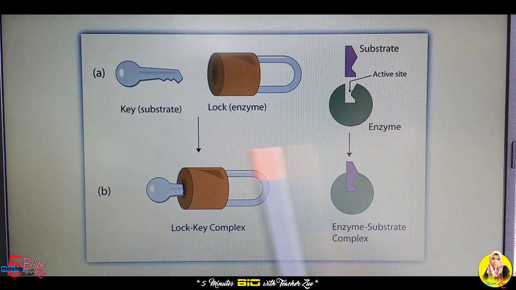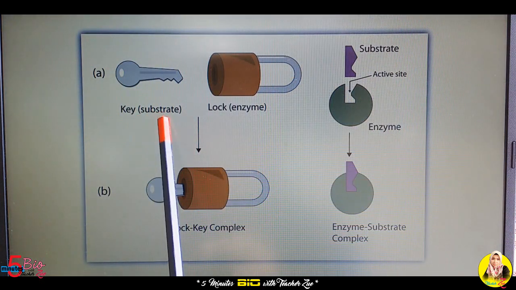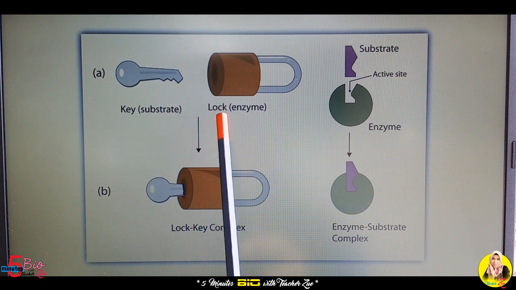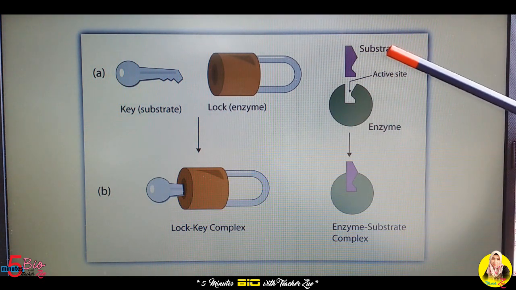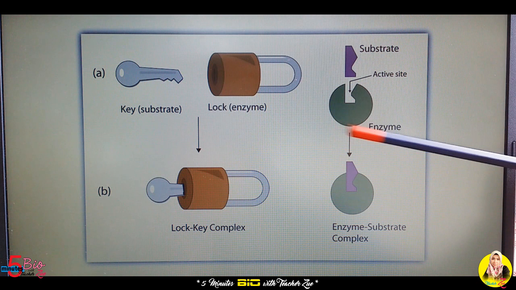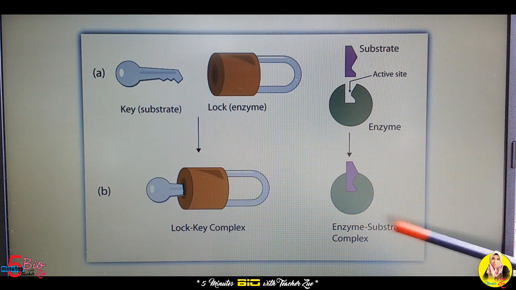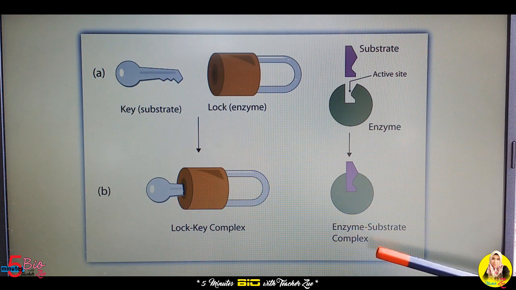Again, the key is the substrate combined with the lock as the enzyme to form the lock and key complex. The substrate combined with an enzyme at the active site forms the enzyme substrate complex.